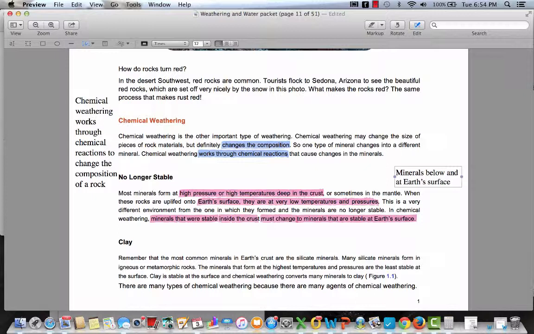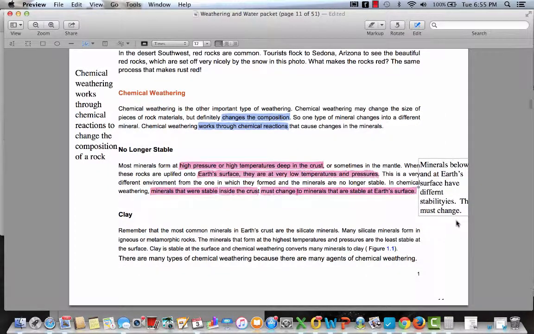They must change. So we have minerals below and at Earth's surface have different stabilities, and they must change to become stable.